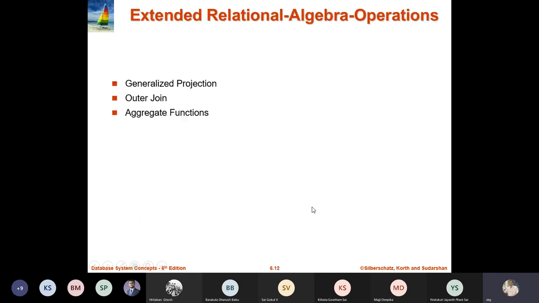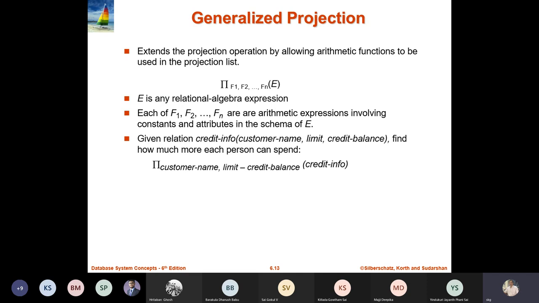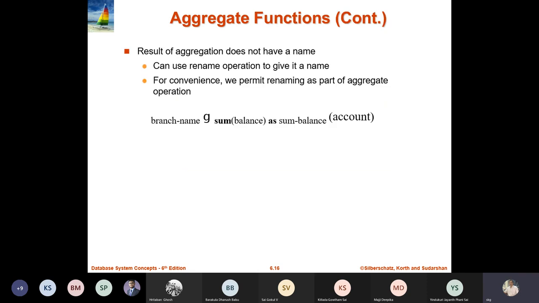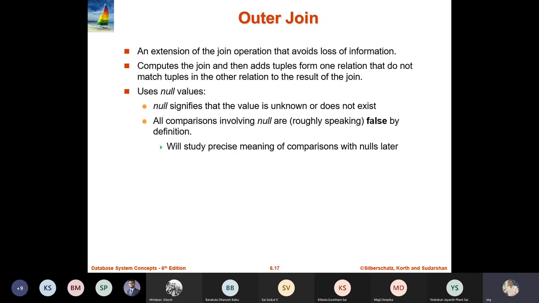So matching those things. But in such cases, if there is no match, those tuples are dropped, right? But I may want to keep those tuples, right? So it's an extension of the join operation that avoids loss of information. Some of the things, I want to keep so that they are not lost.